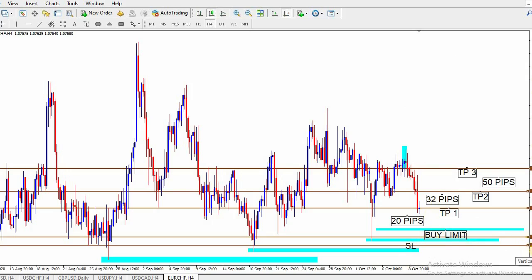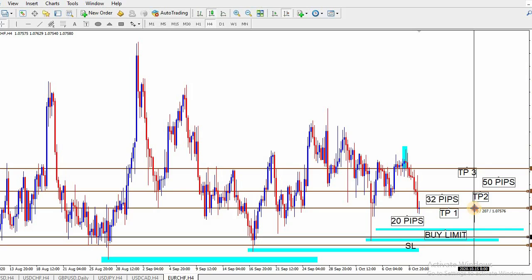Now this will be our stop loss of about, I think 4 pips, if I'm not mistaken, 5 pips, and from here now 20 pips for our take profit 1.